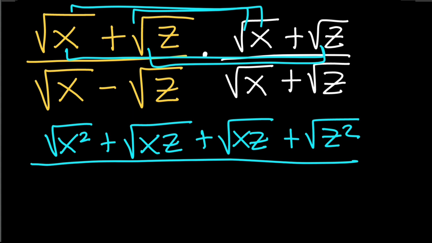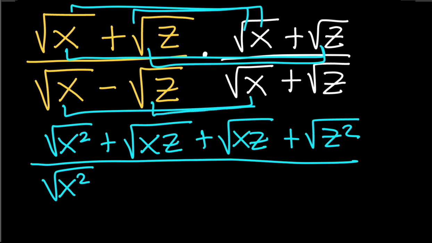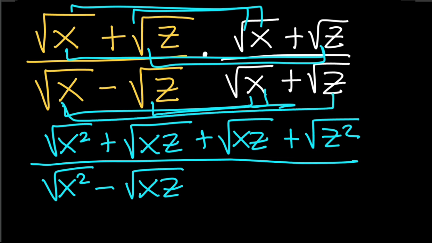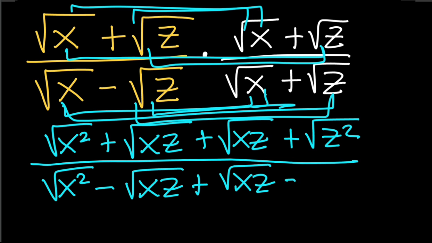Then the denominator: square root of x times square root of x is square root of x squared. Then this one minus square root of xz. Then this one plus square root of xz. Then minus square root of z squared.